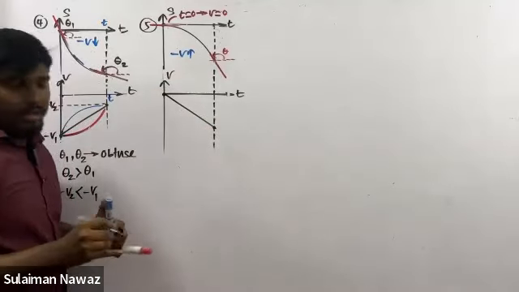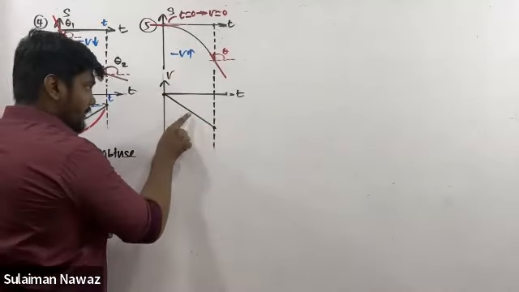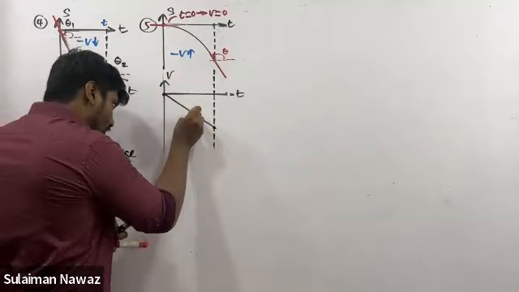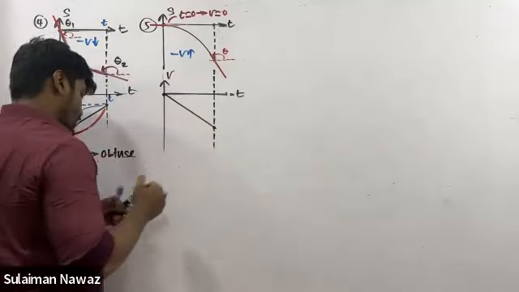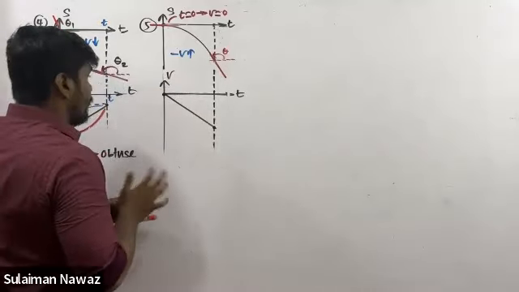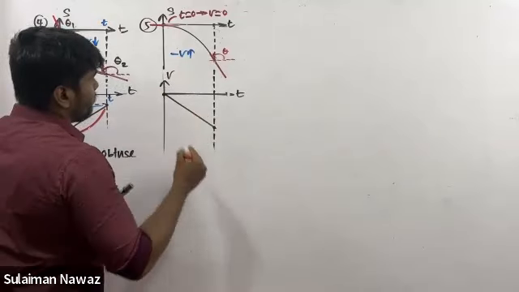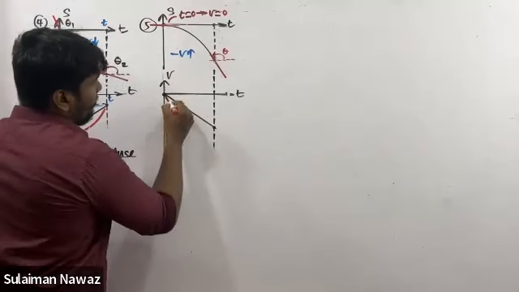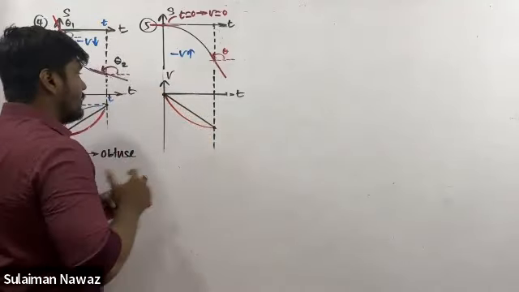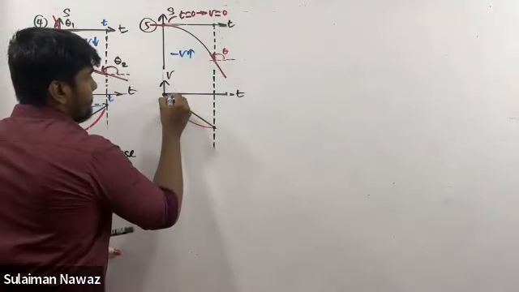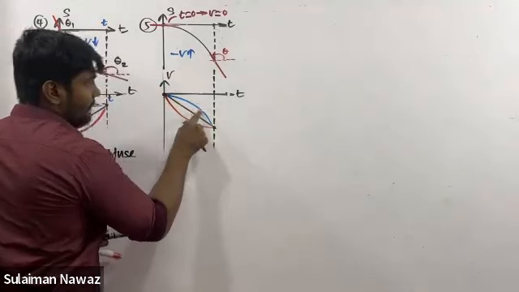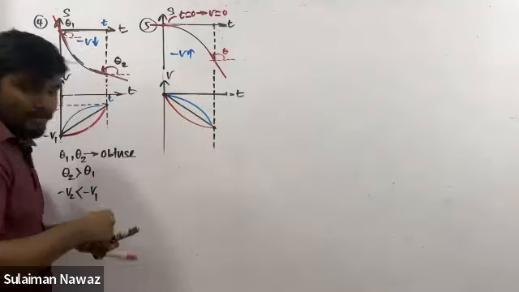Okay. As I mentioned before, normally this is the graph. In addition to this graph, if one student can draw this graph, if not, this graph. I hope you understand.